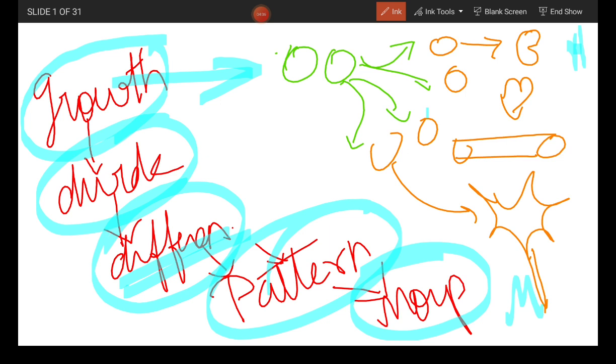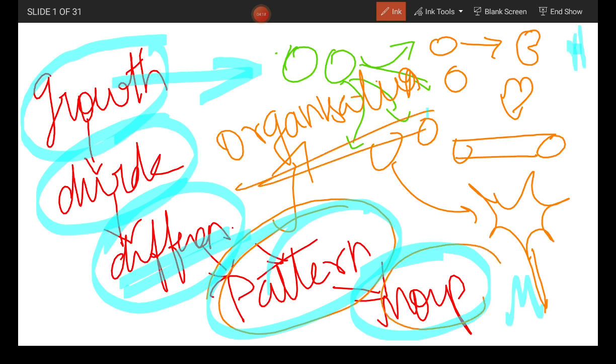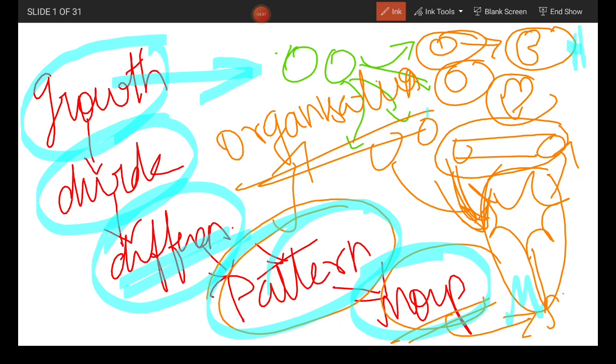Pattern means organization. They are organized under every system. Shape and structure: a cell cannot wander alone inside the body. It needs a system, it needs coherence, it needs circulation, it needs nourishment, it needs oxygen. It needs a shape, it needs a structure.